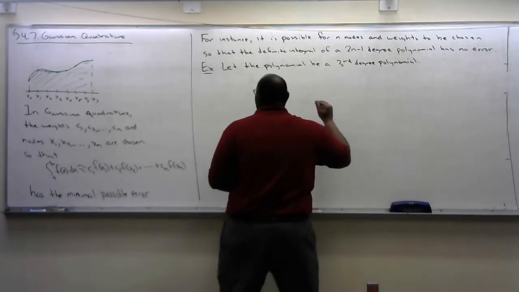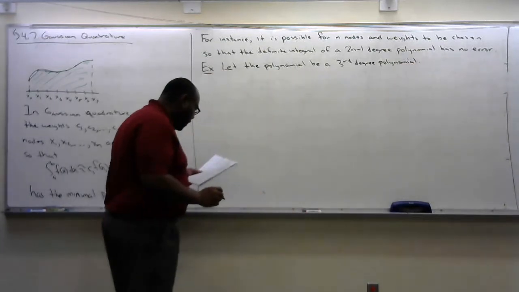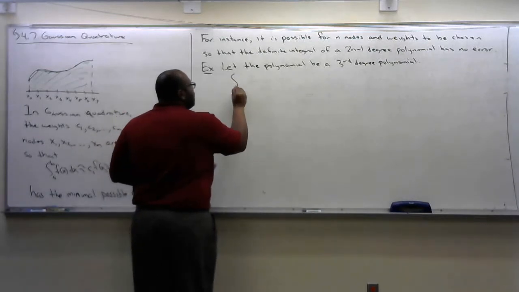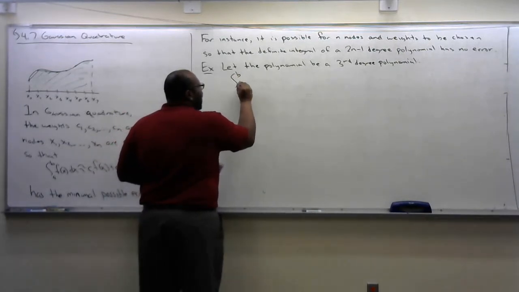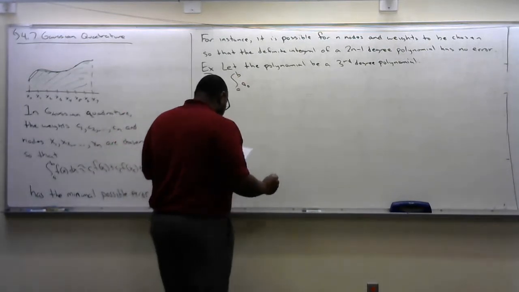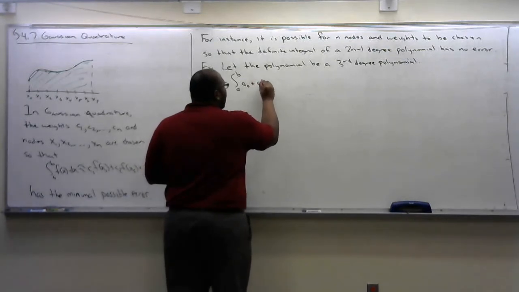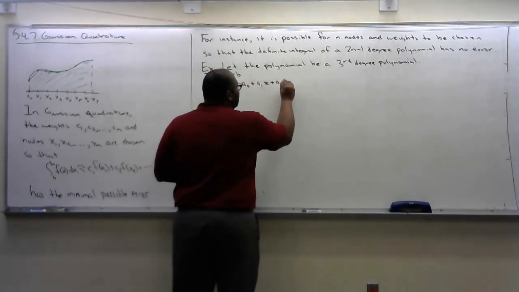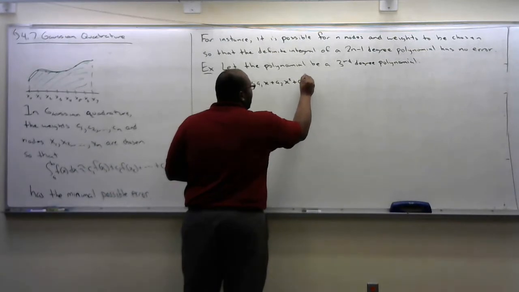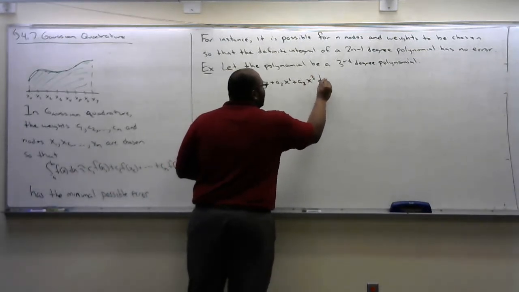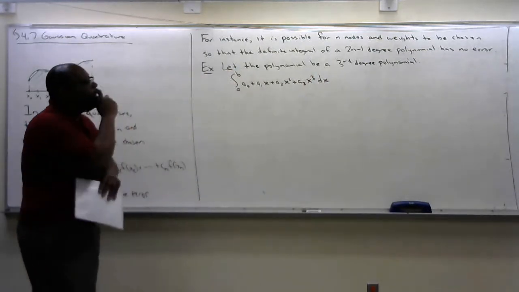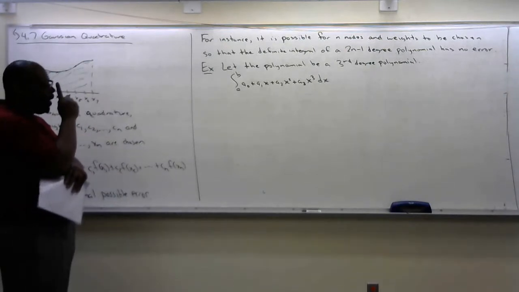I want to be able to approximate this third degree polynomial, the integral of a0 plus a1 x plus a2 x squared plus a3 x cubed dx, exactly using how many nodes? We need to figure that out.